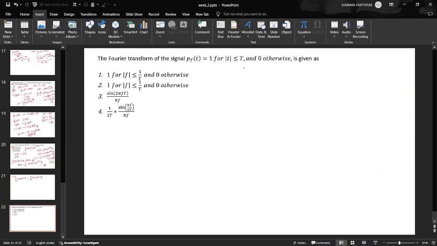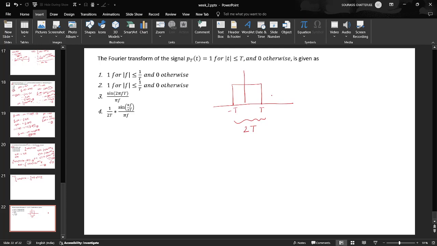Now let us consider the Fourier transform of the signal. This is again a pulse signal in time domain, with uniform amplitude and absolute value t. This one is from minus t to t, so the total time domain is 2t, where the signal is non-zero and 0 outside.